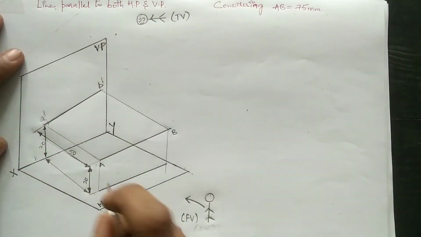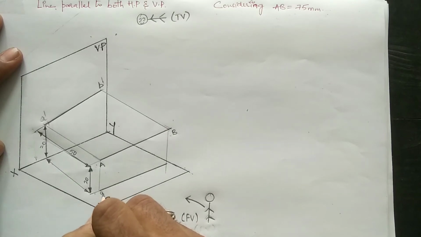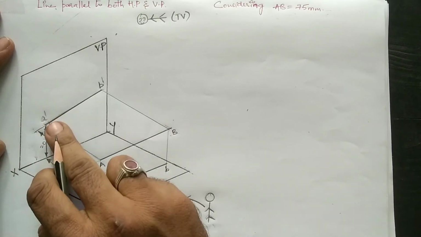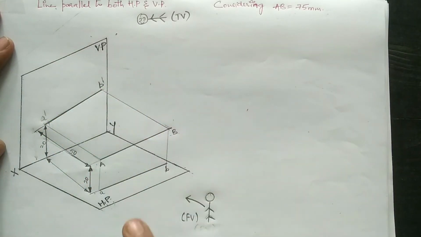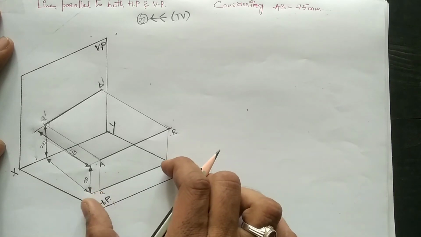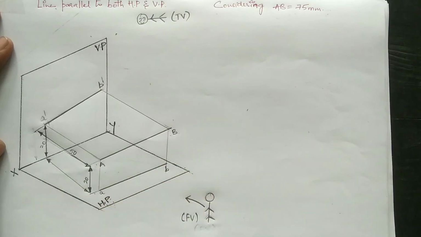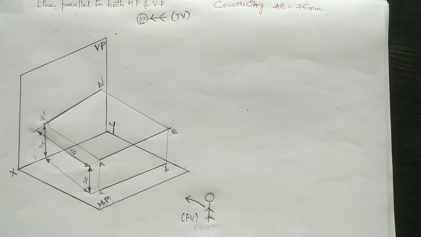Marking the points of the projection as A and this point as B. So on the vertical plane we mark it as A dash, B dash. On the horizontal plane we mark it as A, B. This is how the projections are carried out on the vertical plane and the horizontal plane with respect to the line. This is the 3D projection.